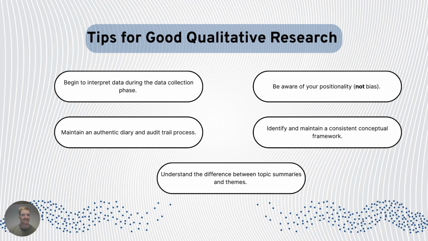Identify and maintain a consistent conceptual framework. What I mean there is, if you're coming in to qualitative research, you can do mixed methods research, and that's fine. You can do an interview, and then add on quantitative survey data to, it's called triangulating your results, and that's fine.